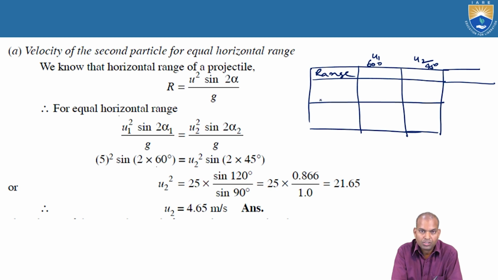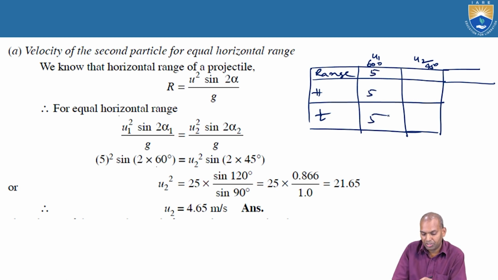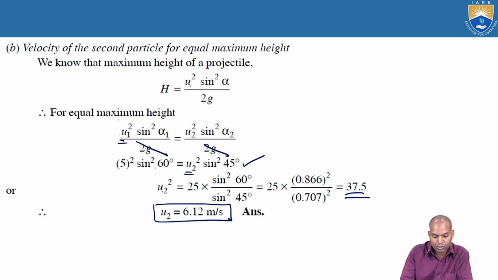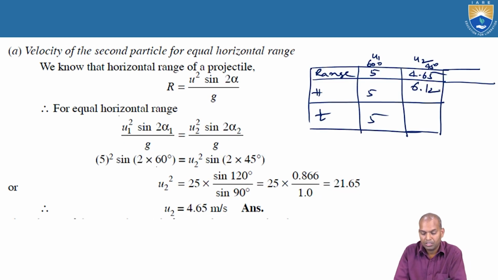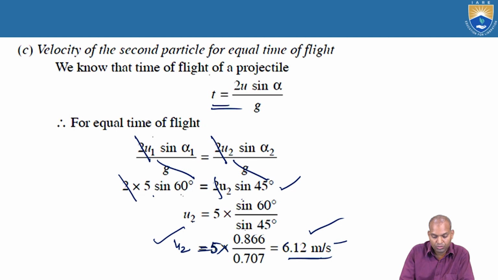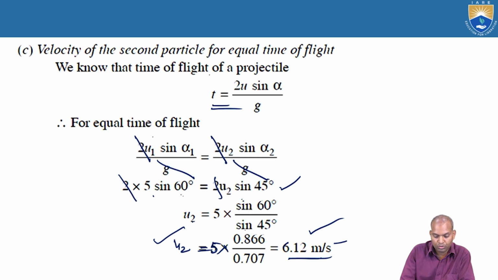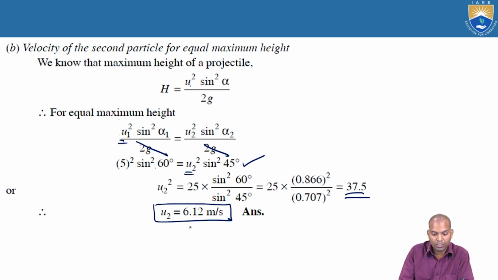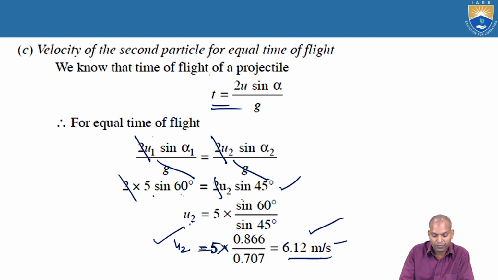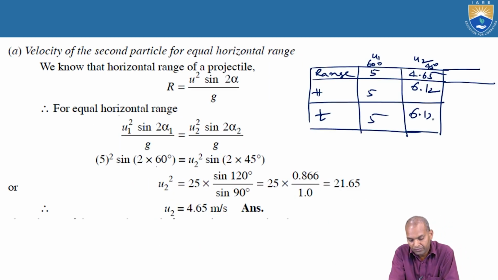The u1 is 5 meter per second in all cases. The calculated u2 for 45 degrees is 4.65 meter per second for equal range, and the second case, equal height, is 6.12 meter per second. And the third one, for equal time of flight, is also 6.12 meter per second.